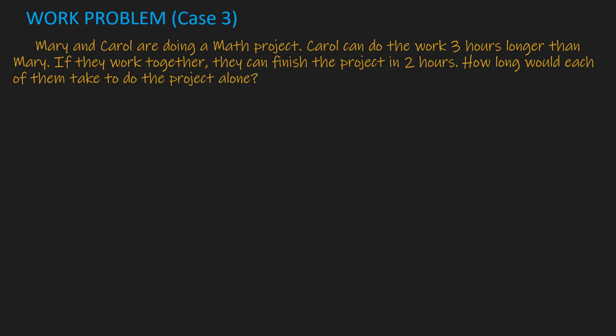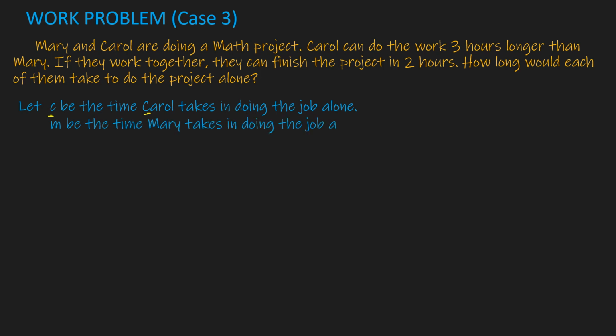So before we go to the solution, we have to represent the amount of time that each of them needs to do the job alone by the initial of their names. So let us represent C be the time Carol takes in doing the job alone, while M be the time Mary takes in doing the job alone. M for Mary.